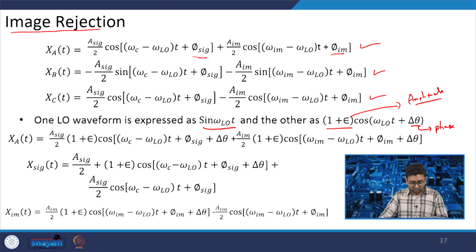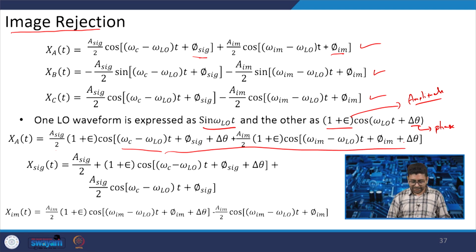you can write the same x_signal(t) as A_signal by 2 (1 plus epsilon) cos((omega_c minus omega_LO) t plus delta theta). So, there is a big equation that you can write down. And for the image, there is A_im by 2 (1 plus epsilon) cos((omega_im minus omega_LO) t plus theta_im plus delta theta).